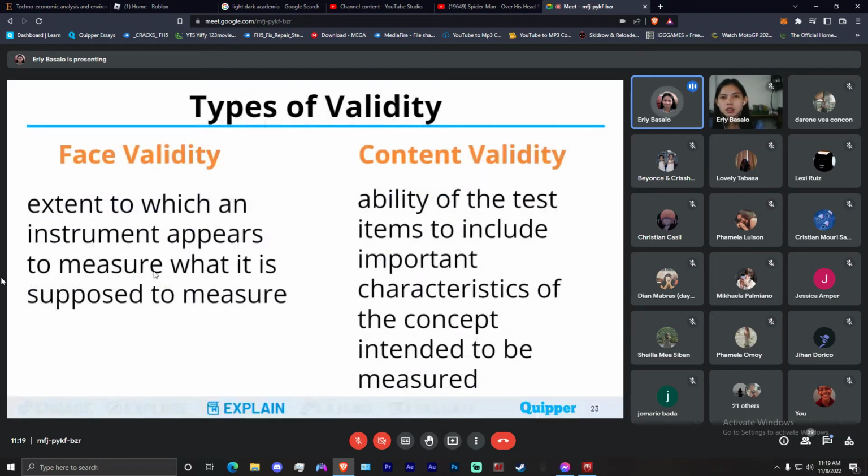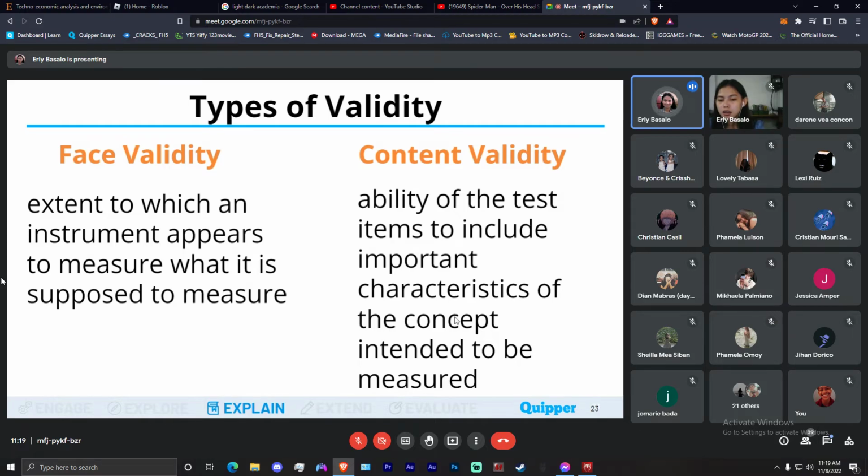So, we have here types of validity. First, we have face validity. It is the extent to which an instrument appears to measure what it is supposed to measure. Next, we have content validity. It is the ability of the test items to include important characteristics of the concept intended to be measured.